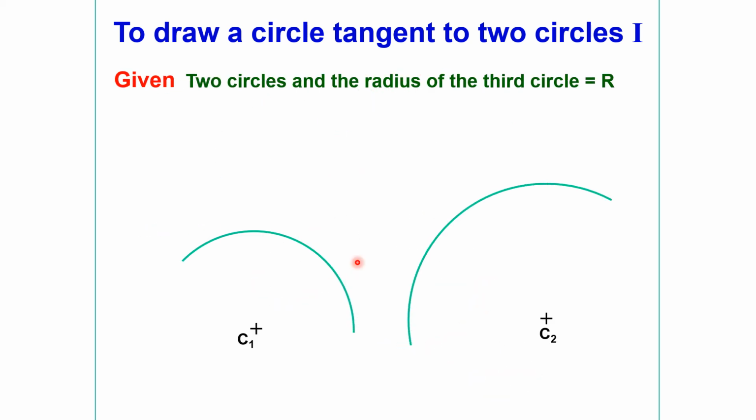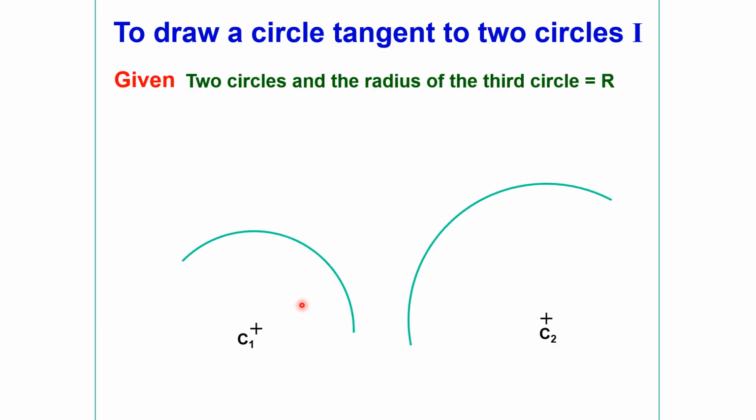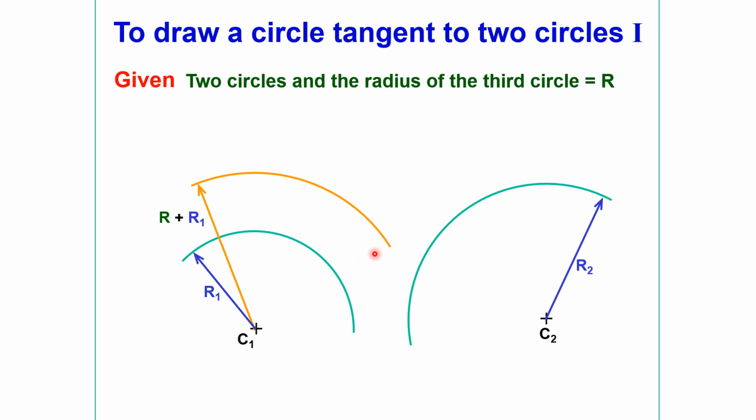Okay, similarly on the downside. Now for the two circles and the radius of the third circle, here R1 plus R. R is the radius of that circle whose tangent you want to draw on this side. Similarly, R2 plus R. Okay, you got this point.